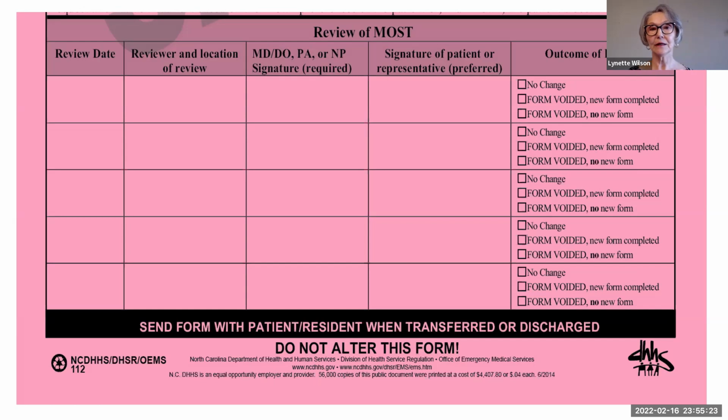If there is a conflict, if a patient has both a DNR and a MOST form, and there is a conflict for cardiopulmonary resuscitation between the two forms, the form that will be honored is the form with the latest date on it.